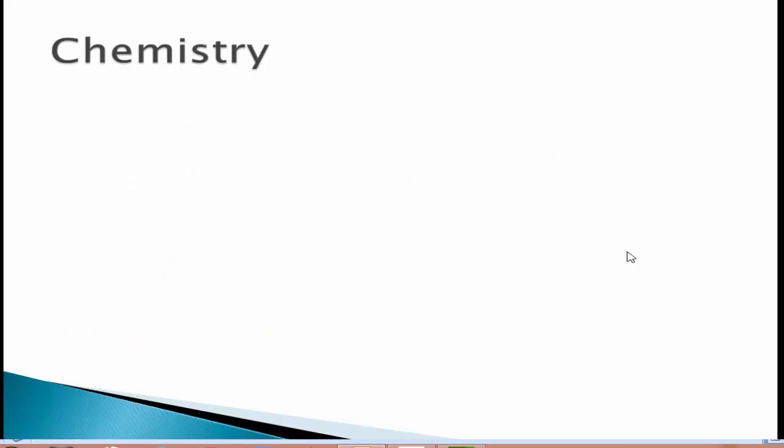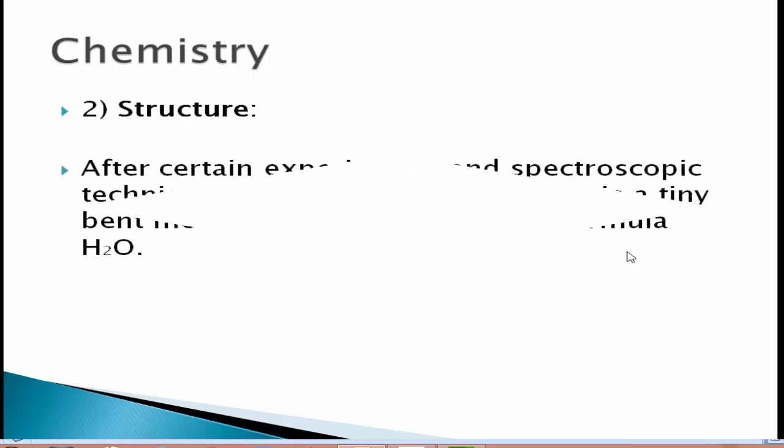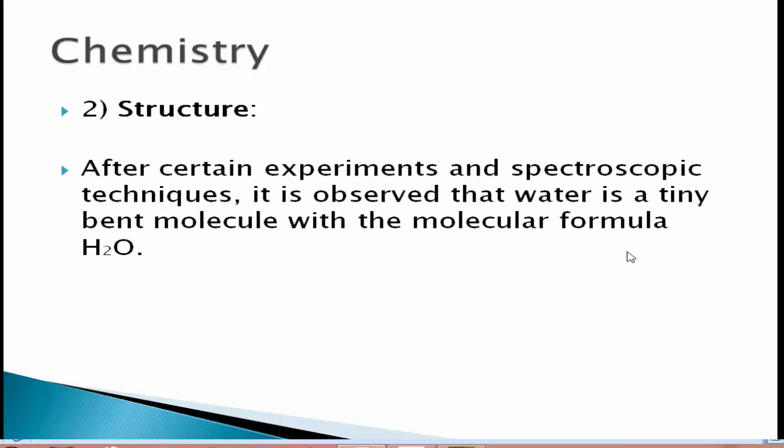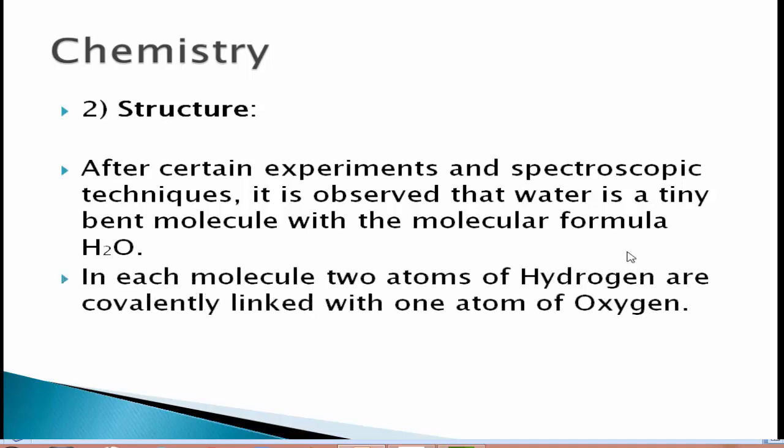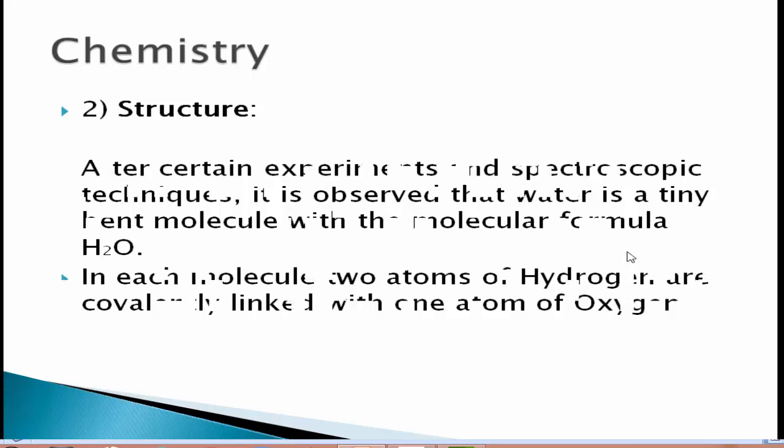Then the second part of the definition was structure. After certain experiments and spectroscopic techniques, it is observed that water is a tiny bent molecule with the molecular formula H2O. In each molecule, two atoms of hydrogen are covalently linked with one atom of oxygen.